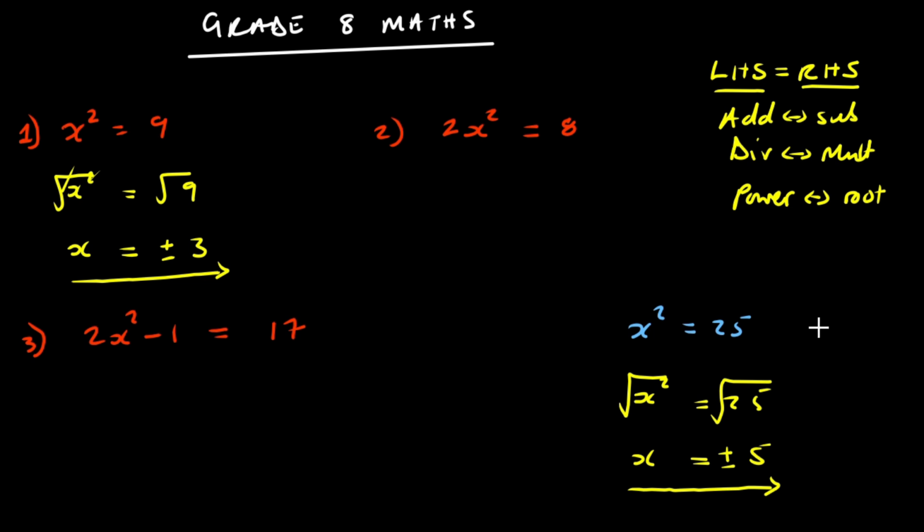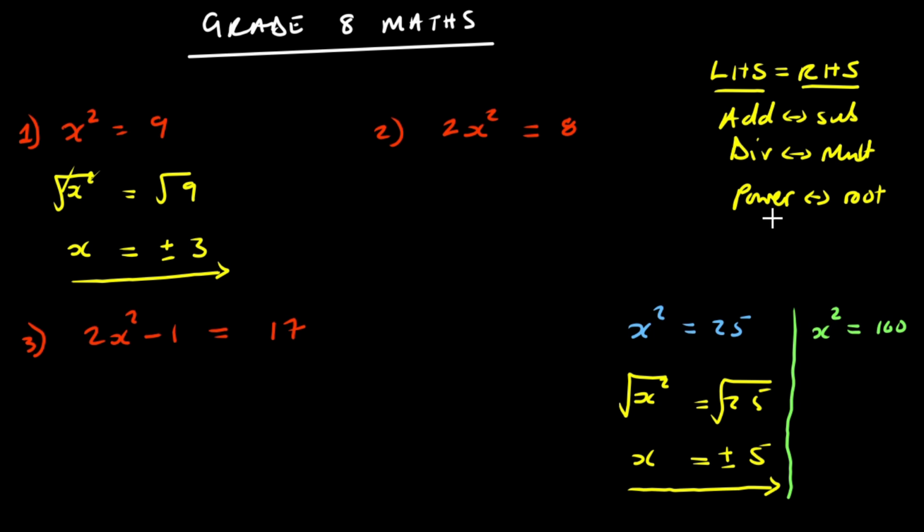Let's say you are dealing with x squared is equal to 100. In this case, again, we need to find the square root of both sides. Because squared is a power, we need to find a root to remove it.